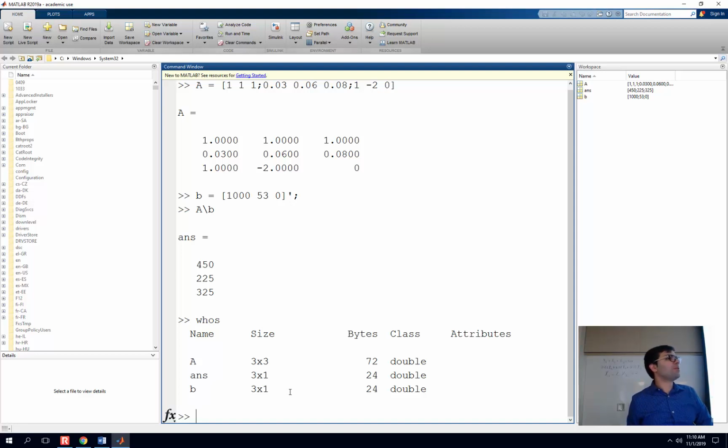So your B is probably 1 by 3. Yeah, I had a semicolon to it. Okay, and then you do the transpose or what? So A should be 3 by 3, B should be 3 by 1. That's the crux.